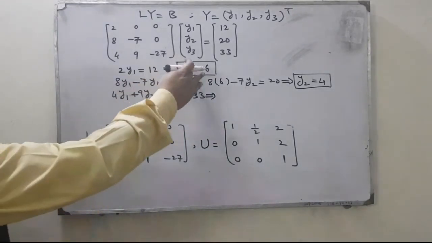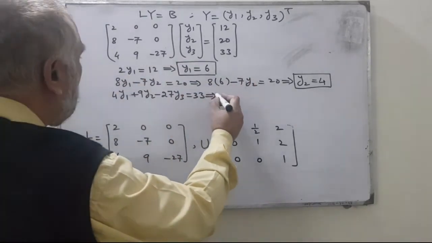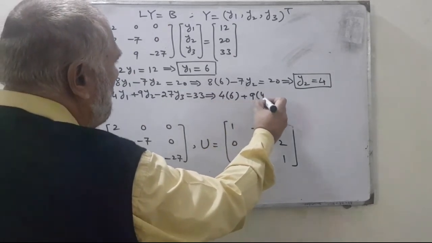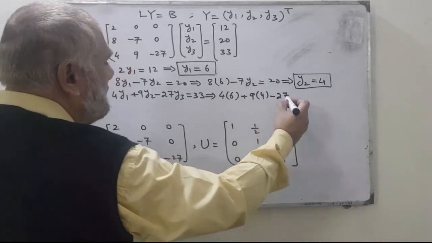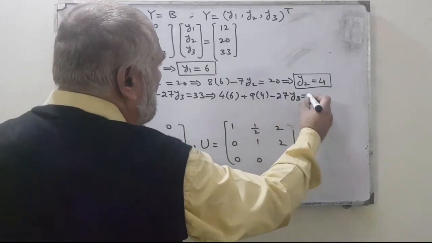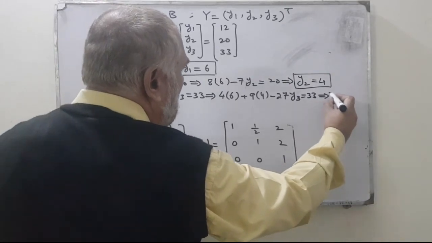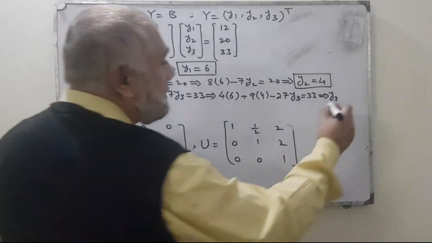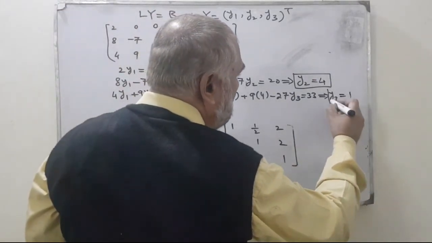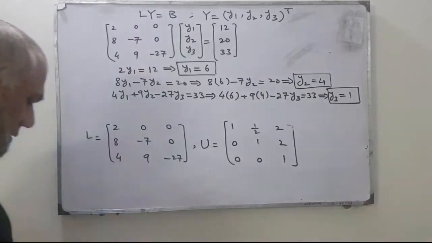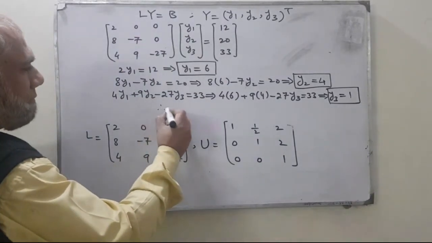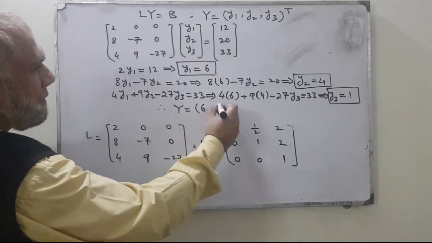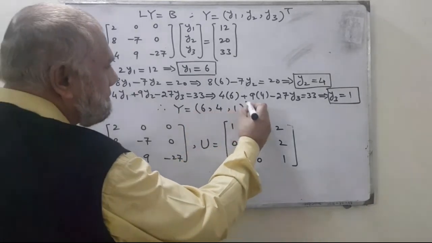Now substituting the values of y1 and y2 already calculated into the last equation gives you 4 times 6 plus 9 times 4, minus 27y3 is equal to 33. From here we can separate y3, and y3 in this case is equal to 1. So we got all these three unknowns for y. Therefore, y is 6, 4 and 1.